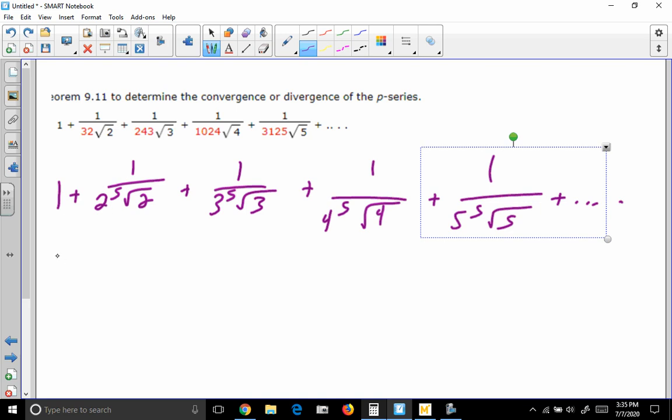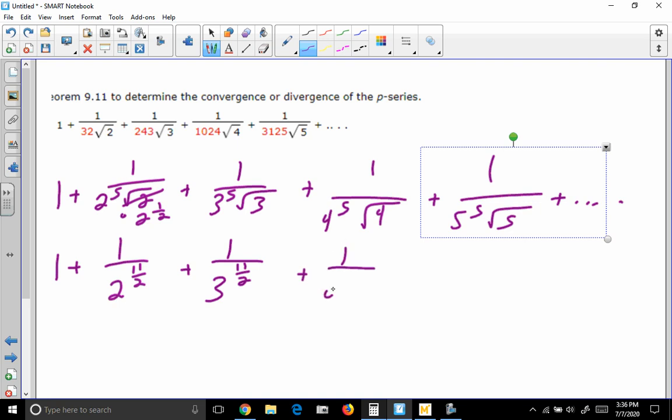So if we look at our successive terms, we have 2 to the 5th, square root of 2. If we're multiplying, we add the exponent. 5 plus 1/2. So 2 to the 11/2 power. Here, our base is 3. Our exponent is again 5 plus 1/2.